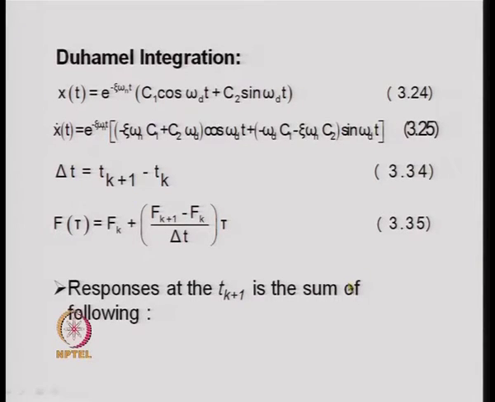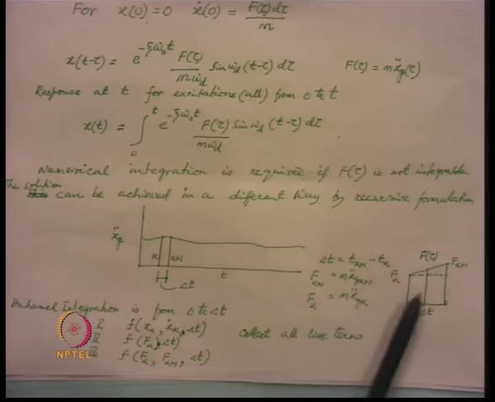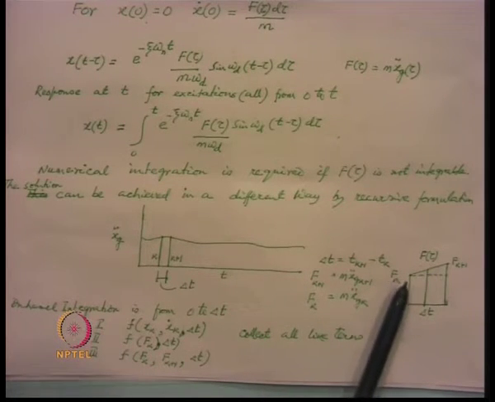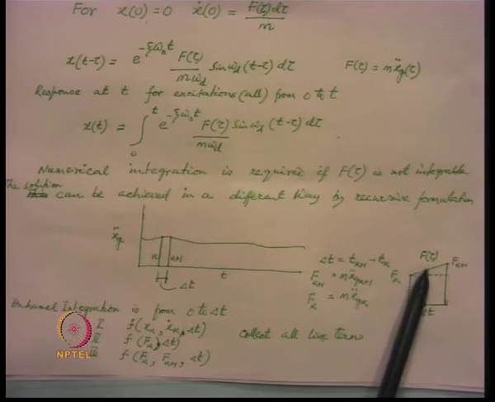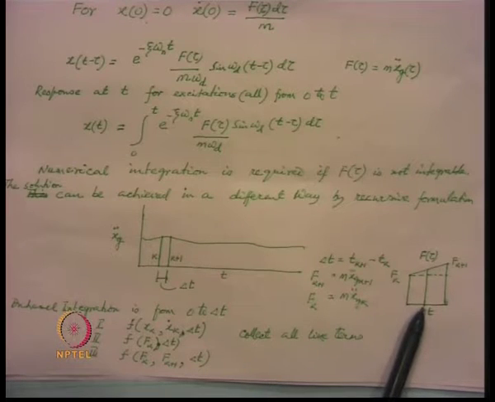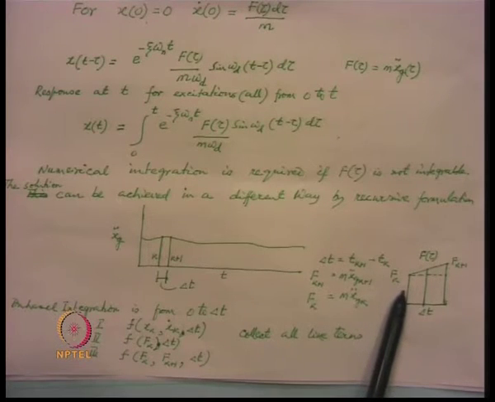That means, it is varying in this particular fashion from this point to this point. And once we assume that it is linearly varying, then at any time tau we can obtain the value of this f tau in terms of f k plus 1 and f k.